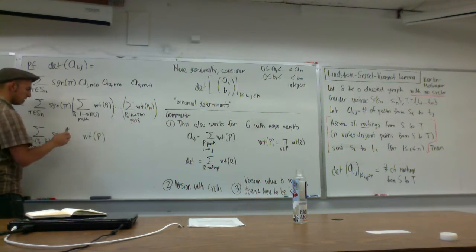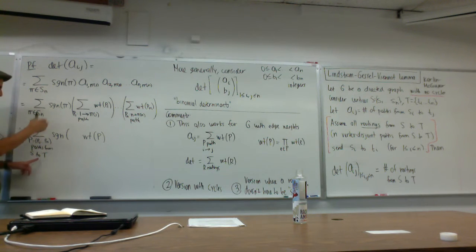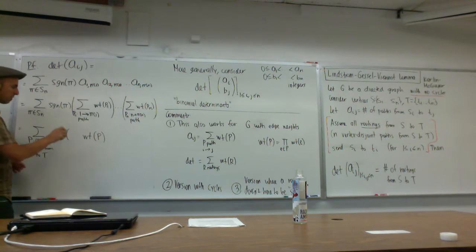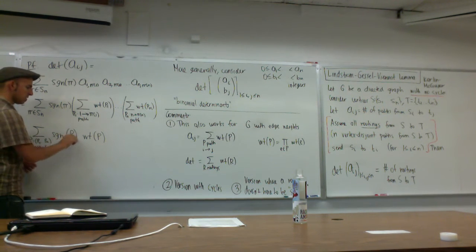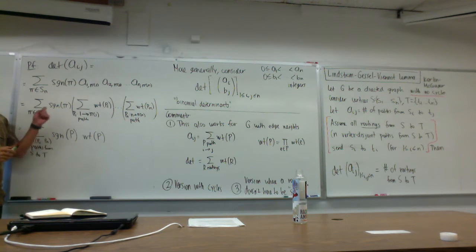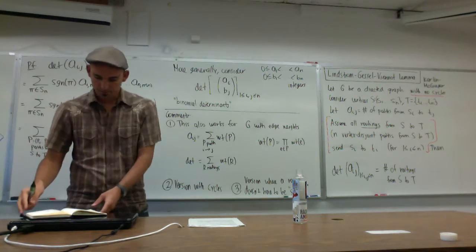I'm not indexing by pi anymore, but just from looking at the paths you know what the permutation is, so you can call this the sign of P. The sign of P is just the sign of pi. So if P happens to map S1 to T1, S2 to T2, etc., then this is 1. But if it maps according to some other permutation, then you put the sign of that permutation.